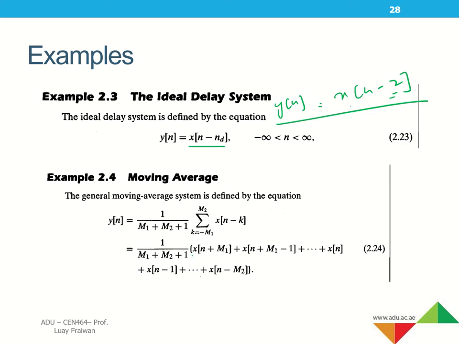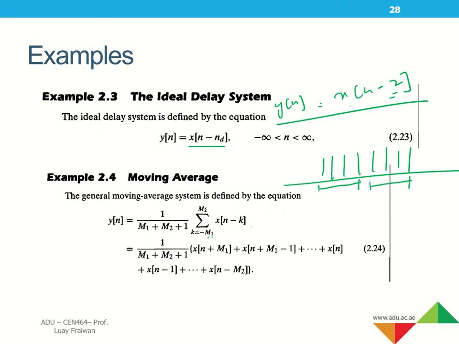Next, the moving average system. You have the shifted inputs and you want to take the average of them. For example, this is my input, and I want to take the average of these four, and then the average of the next four.